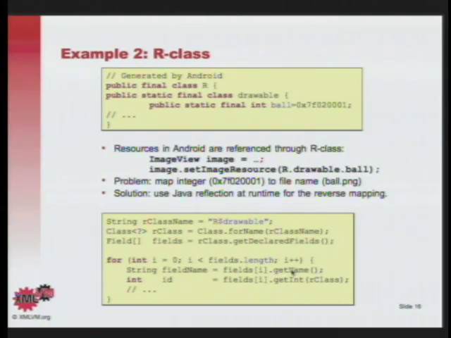So in particular, if we do this little for loop here, eventually for the ID we will see this hex number, and for the field name, we will see ball as a string. And from that, we can use the string to create a file name and then actually load the image resource. So we resolve those resources at runtime by making use of Java reflection.